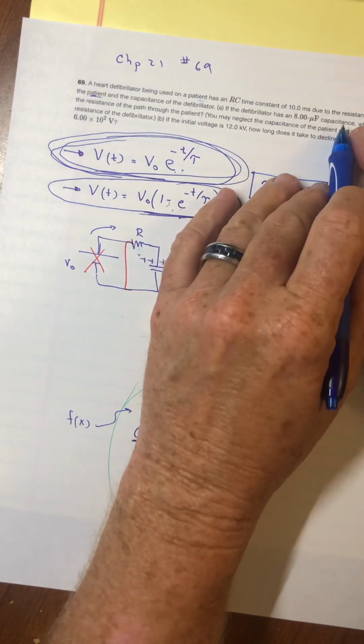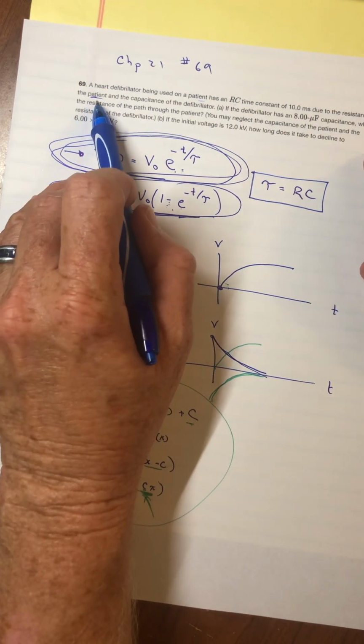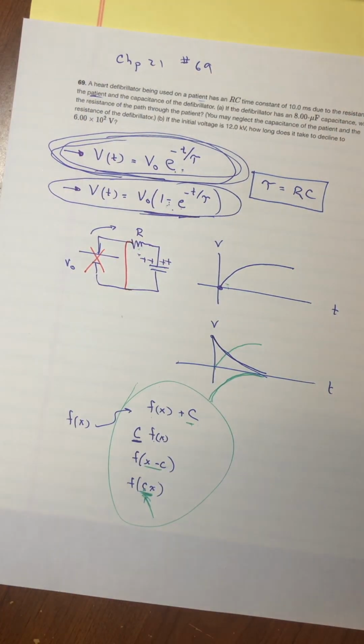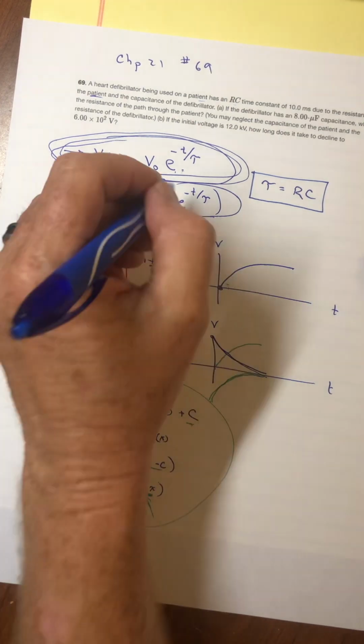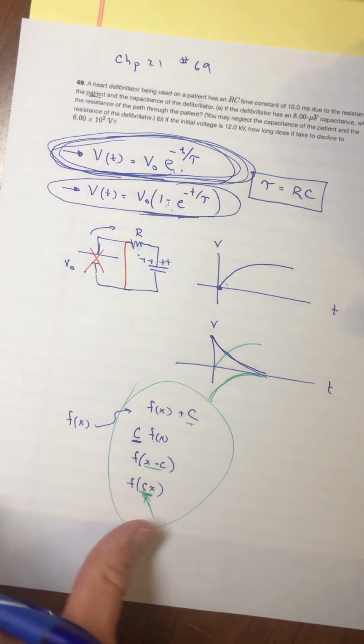And so that's our clue here. It says due to the resistance of the patient. They're talking about a discharge. They're talking about when you're zapping the patient. And so I'm going to be using this one.